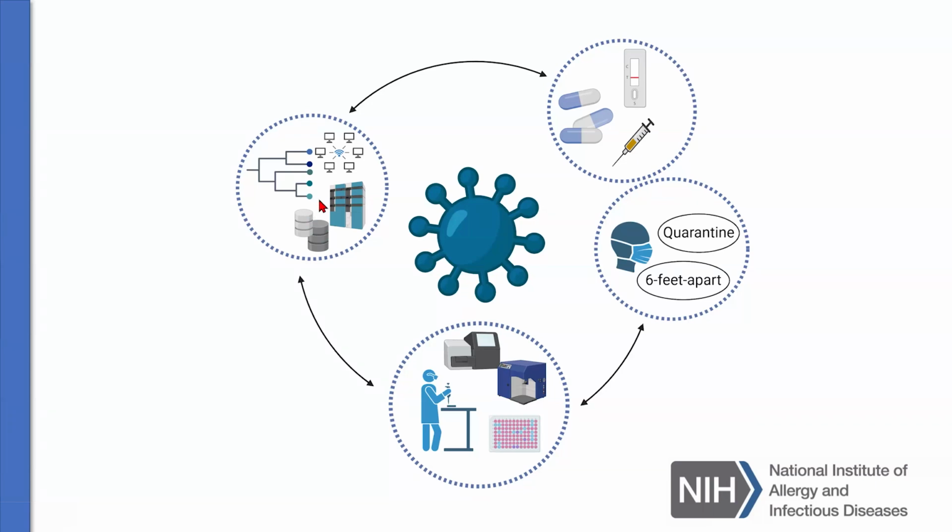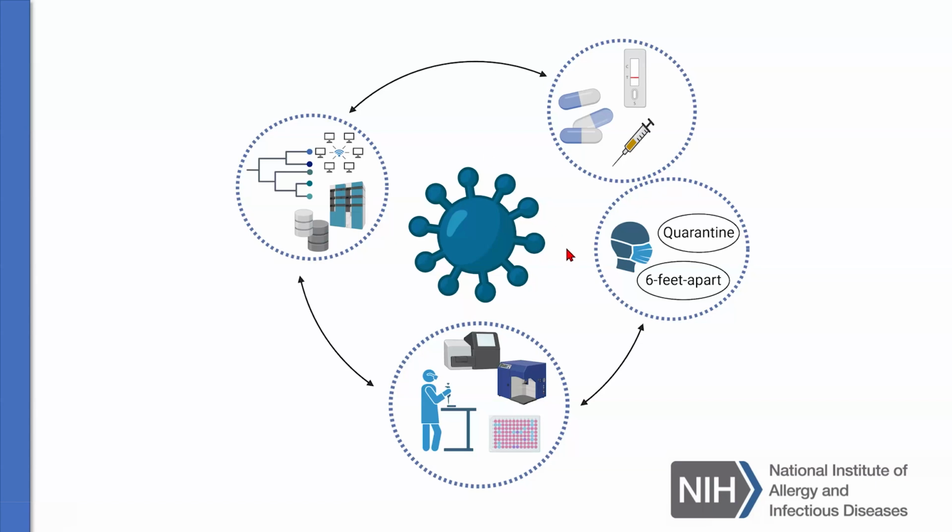After that, we share among the research community and see whether the current countermeasures, including diagnostics, therapeutics, and vaccines, still work. If they are not working, do we need to implement new ones?